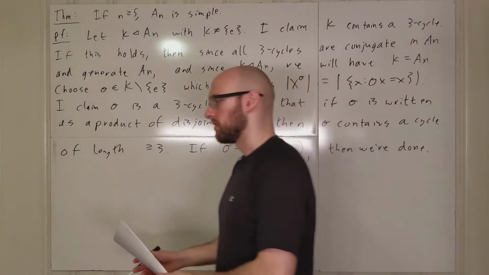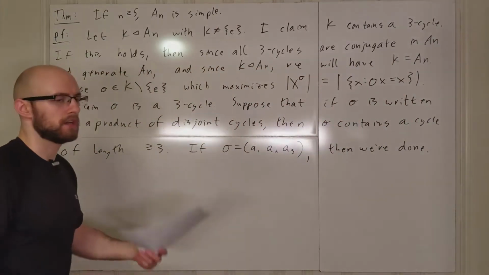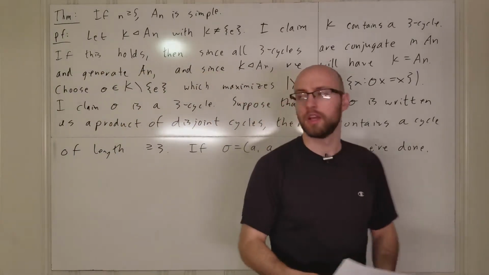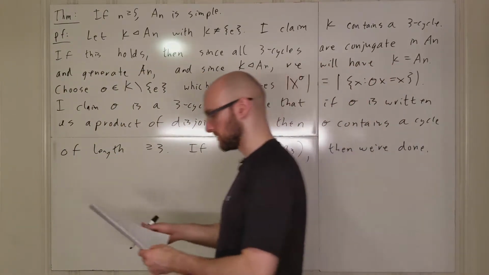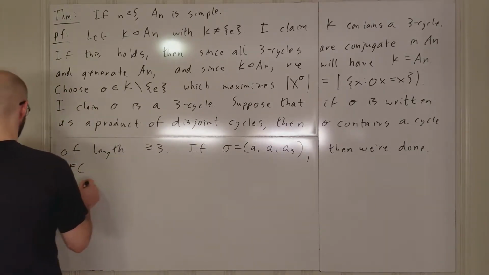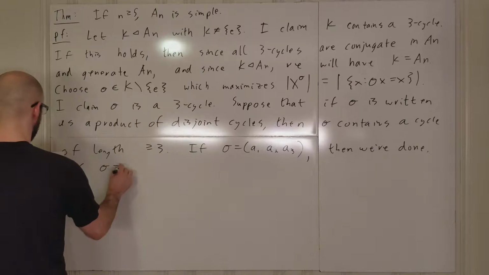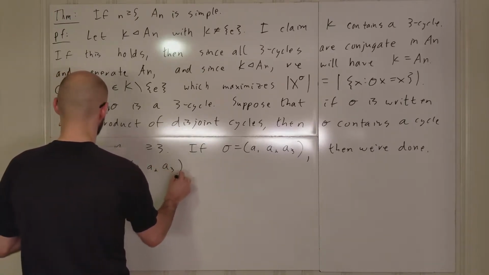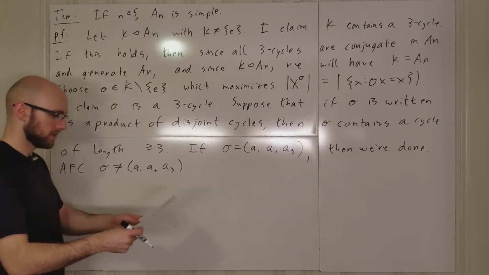Now in this proof, there's going to be a lot of arguments by contradiction. So here we're going to have the first one. Assume for contradiction that sigma is not just (a1 a2 a3) for some indices a1 through a3.